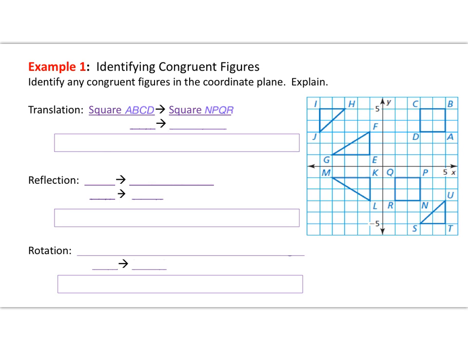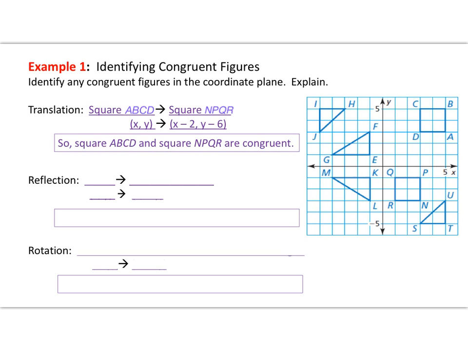So we can say that square ABCD maps onto square NPQR. And the rule for every x, y coordinate that maps onto the new figure is x minus 2, y minus 6. So it shifts 2 to the left and 6 down. So square ABCD and square NPQR are congruent.